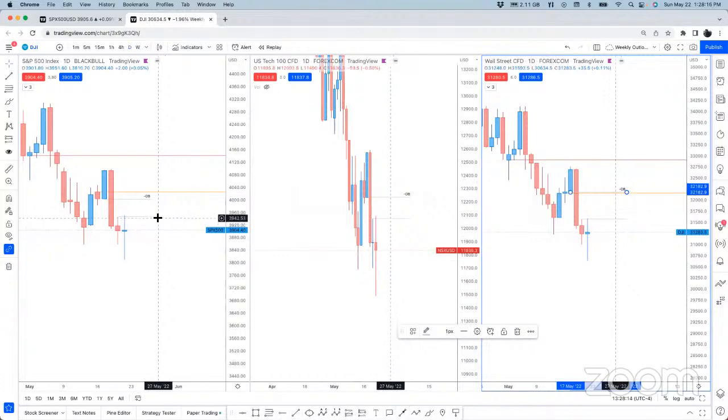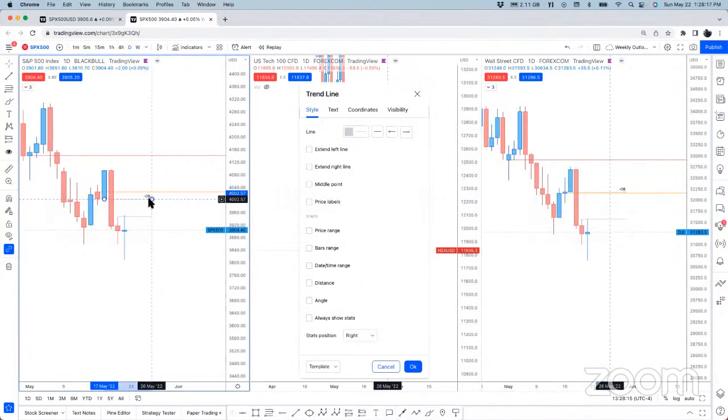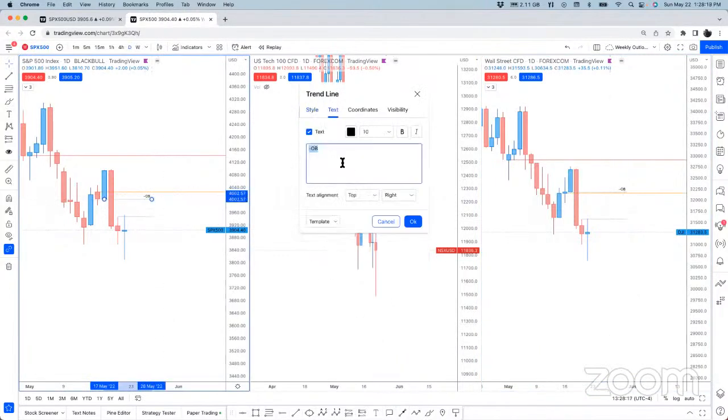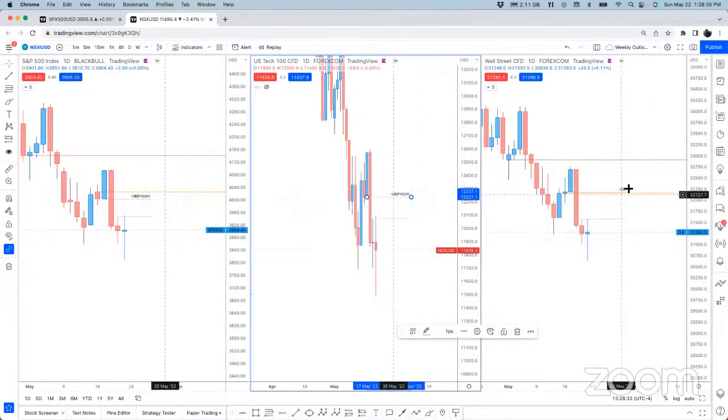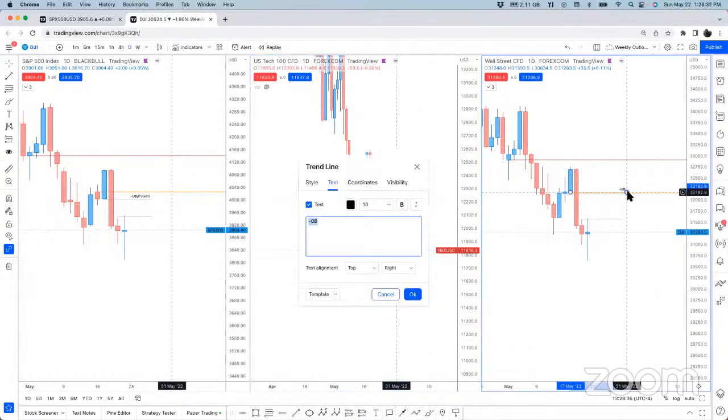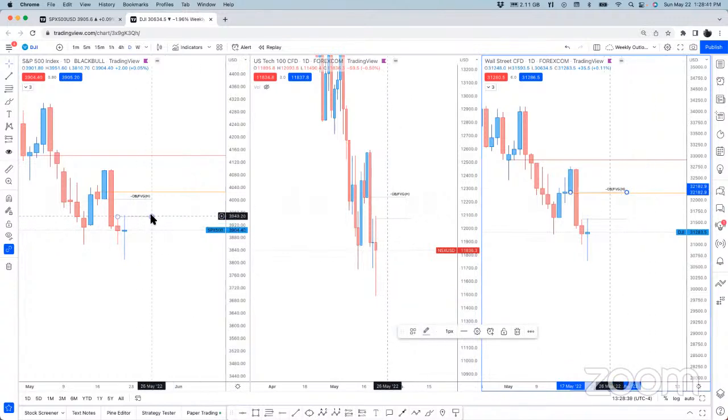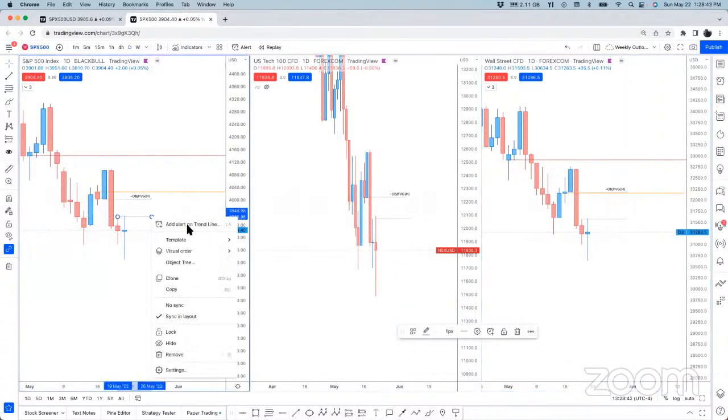So each one of these, this is our combination, right? This is our imbalance, this is our order block and fair value gap high, and that's going to be for each one. Then this is our gap low right here.